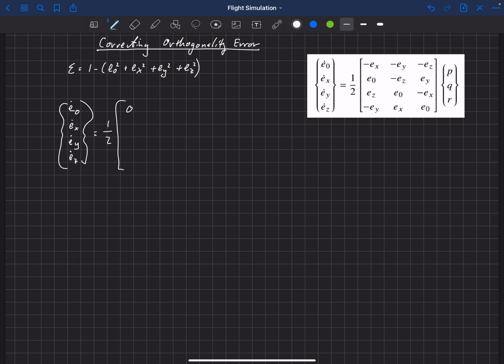So we're going to have 0, minus P, minus Q, minus R; then P, 0, R, minus Q; Q, minus R, 0, P; and R, Q, minus P, 0. All of that multiplied by the current quaternion, which is E naught, EX, EY, and EZ.